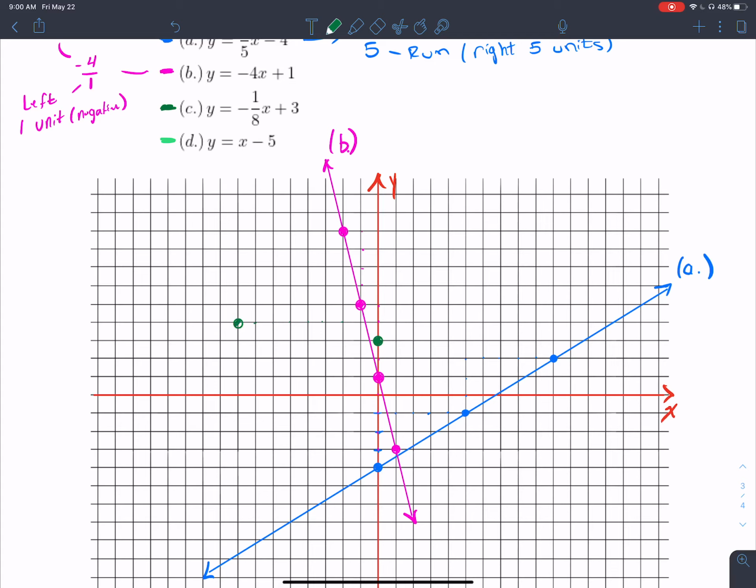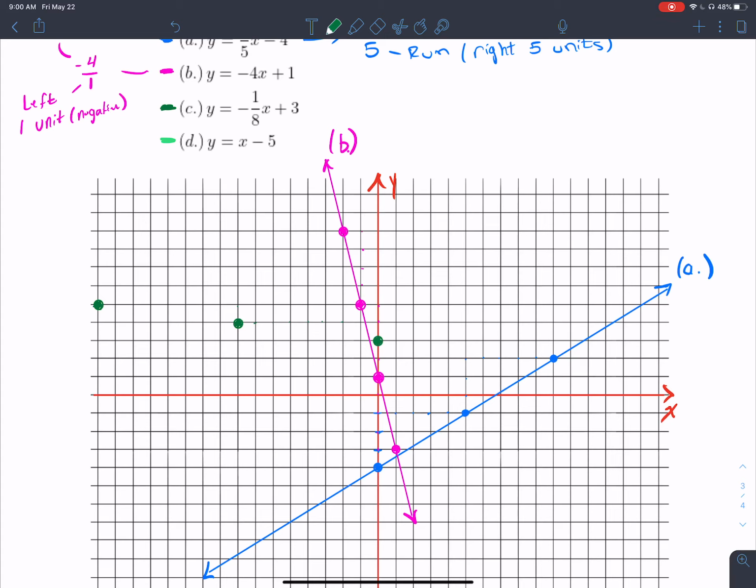There we go. So there's 1 point. And let's see if we can do that one more time. So we'll rise 1 unit from this point and we'll go to the left 8 units. 1, 2, 3, 4, 5, 6, 7, 8. We just make it. And you might choose to go another direction, and that's totally fine.